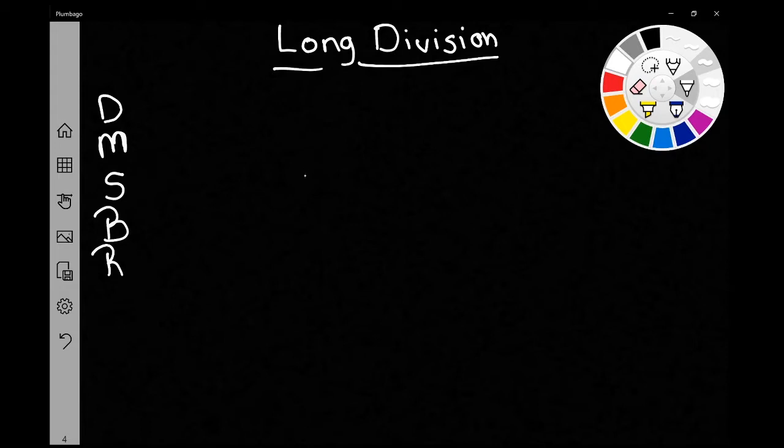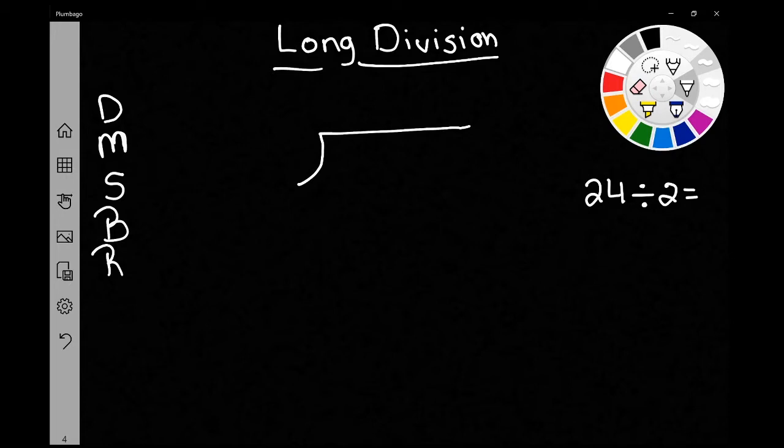So long division starts out with this funny looking frame. And it sets things up a little bit differently than what we're used to. Normally, if I was doing division facts, then I would put my larger number first. So say, for example, if I had 24 divided by 2, my large number always comes first.